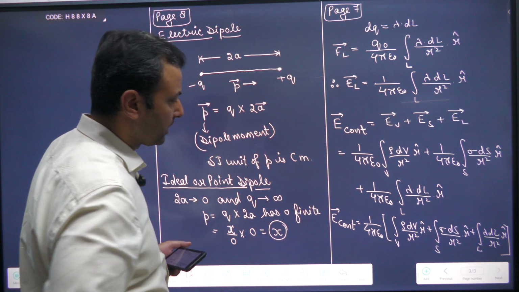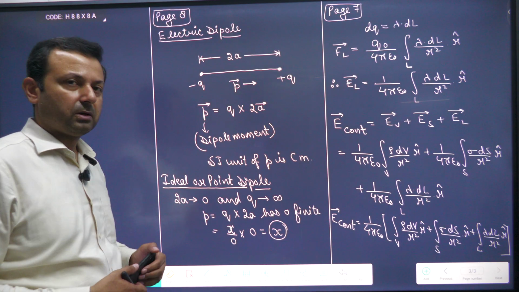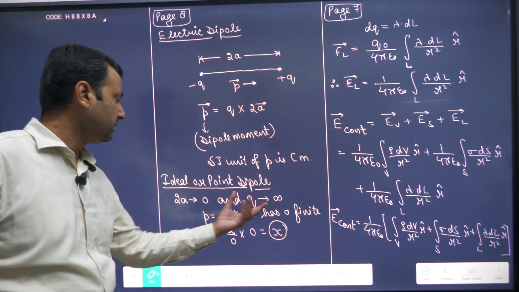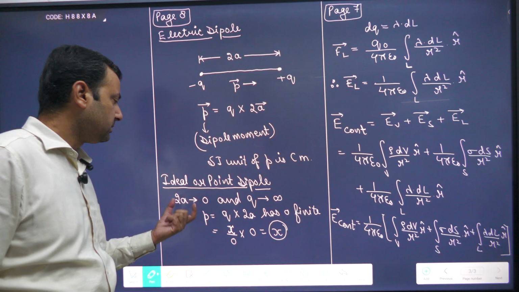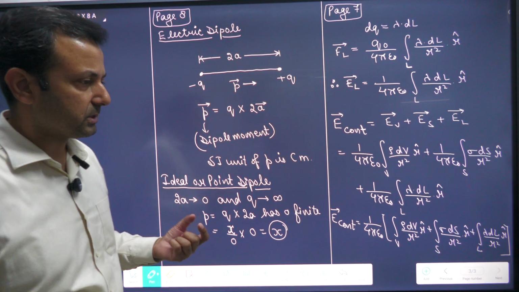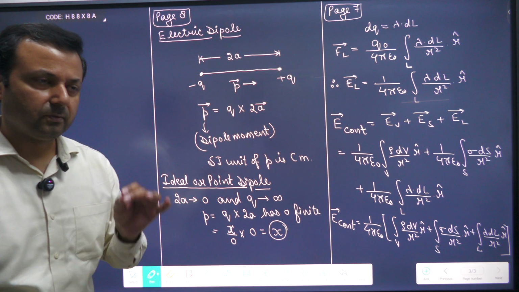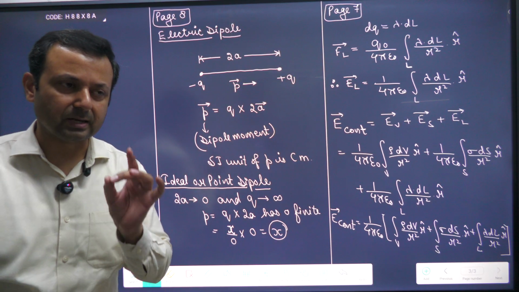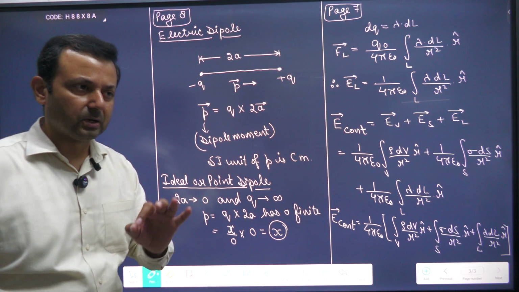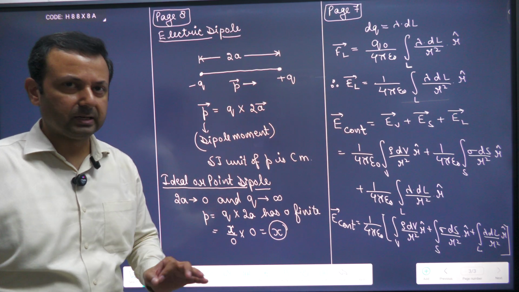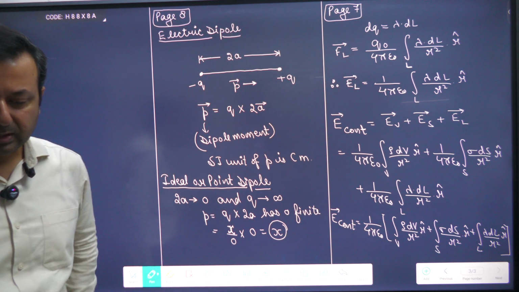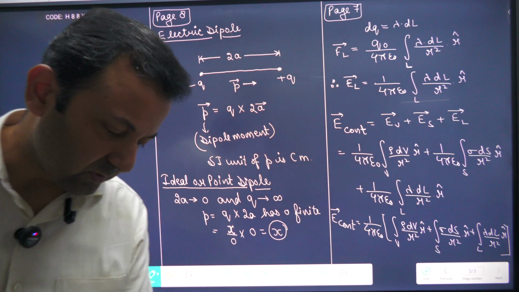So when charge tends to infinity and the distance between the two charges tends to 0, we call such a dipole an ideal dipole. Ideal dipole is only in the books. Practically, ideal dipoles do not exist. Okay, Anusha, can we move further?